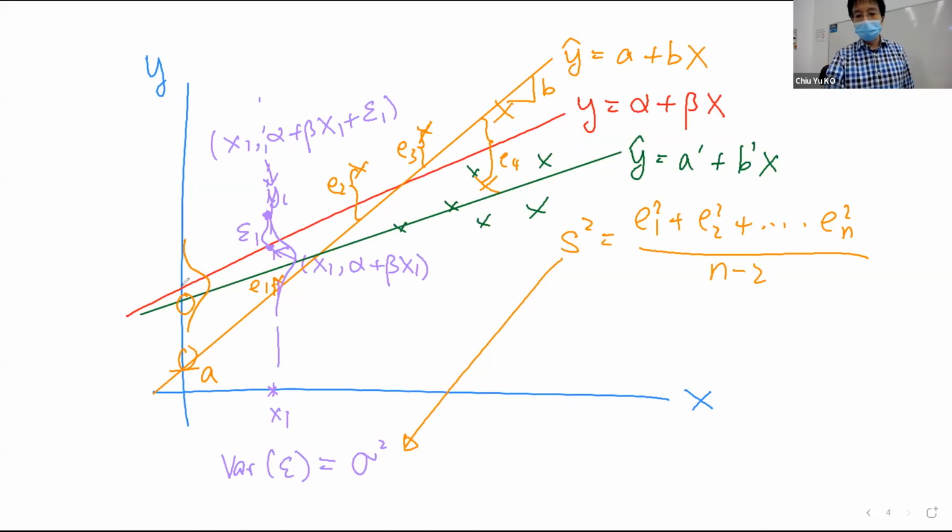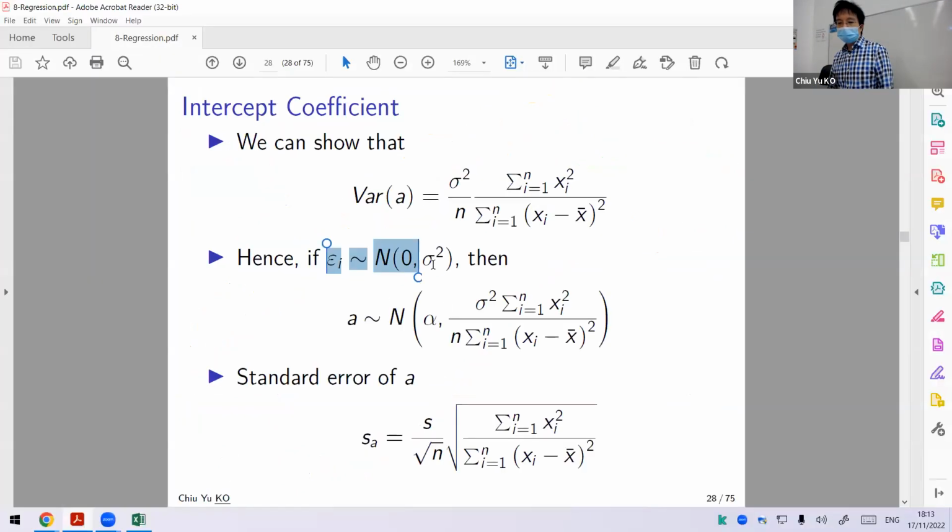The intercept will be centered at this A, but it's a bell shape along it. Same for the slope. So everything will become normal if you are willing to make this assumption.